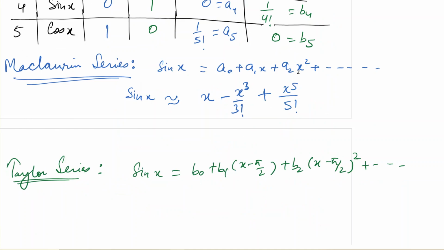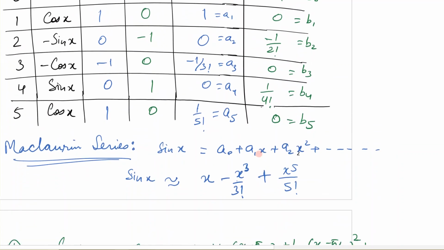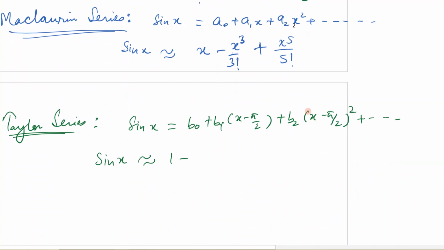Similarly, plugging in the values for the Taylor series, sine x is approximately, b naught is 1, b1 is 0, b2 is negative 1 over 2 factorial. So we get the term negative 1 over 2 factorial times x minus pi over 2 squared, and again, x minus pi over 2 raised to the power 4 over 4 factorial. We just want 3 terms, so these are our 3 terms.